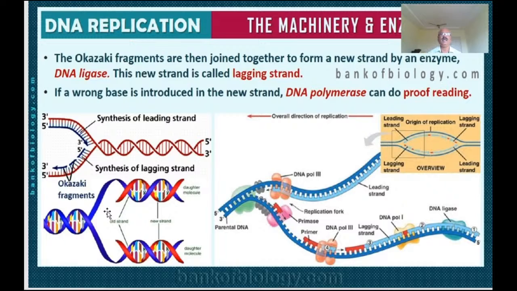So if any error arises, DNA polymerase can do proofreading. So in DNA replication, opposite to one DNA strand, one strand will be formed continuously. Opposite to the other strand, fragments of DNA will be formed. Those fragments will be joined together with the help of the enzyme DNA ligase.